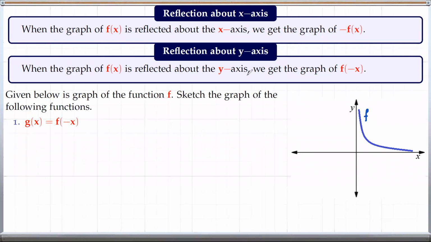So here is another example. We are given graph of f like this one, and we want to graph function g, which is defined as f of negative x. As we saw here, when that negative sign is right next to x, we are reflecting about y-axis. So the graph of g will look like this one. When you reflect graph of f about y-axis, that will give us the graph of g.